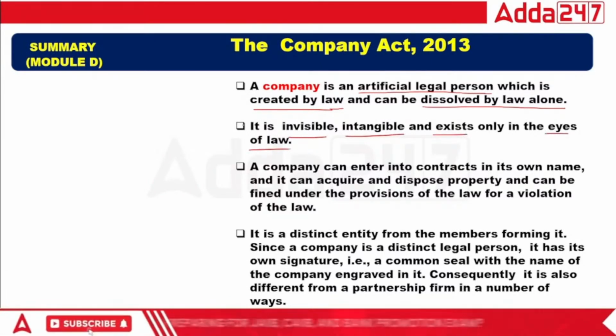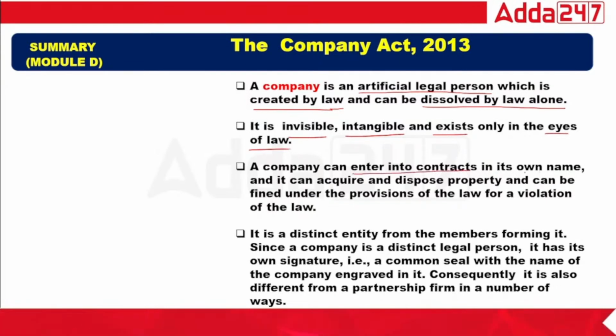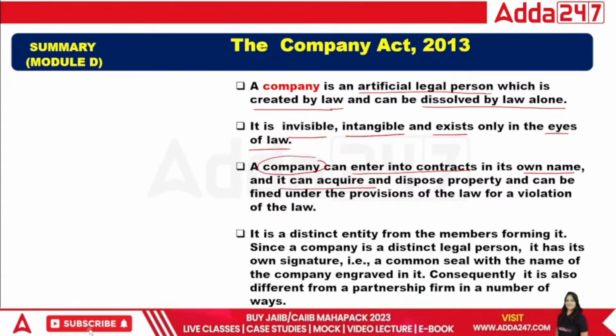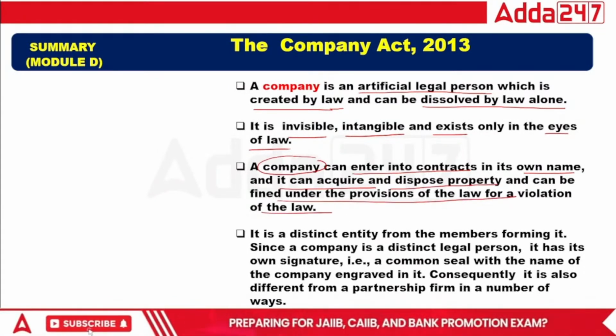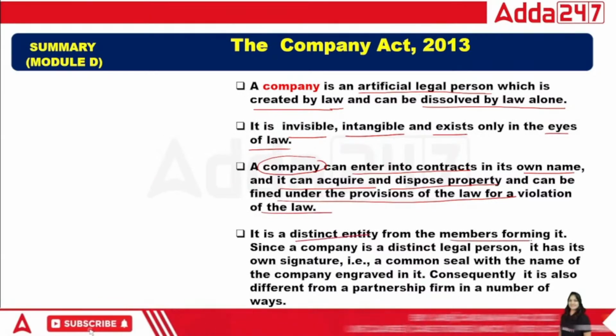A company can enter into contracts in its own name, because it has a separate legal existence. It can acquire and dispose of property, and can be fined under the provision of law for violation of law. It is a distinct entity from the members forming it.